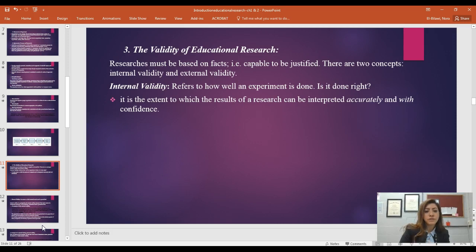Now, internal validity refers to how well detailed your research writing is.